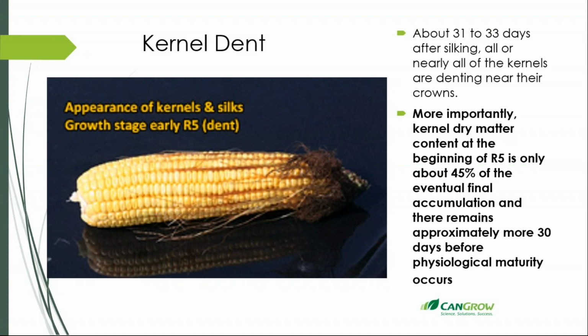It's been said and understood by many farmers, "I've reached dent, I'm out of the woods, I got a crop, I made my crop." In reality, only 45% has been accumulated. So there's a lot of activity taking place that can have a 55% impact on the final yield of that crop.